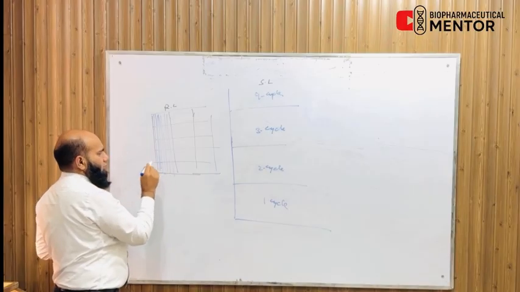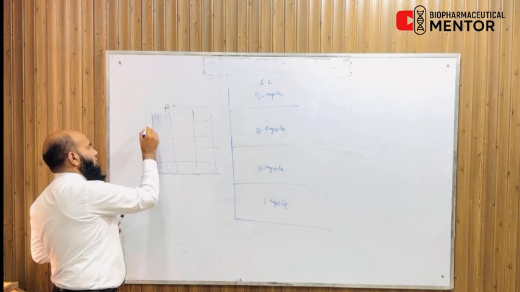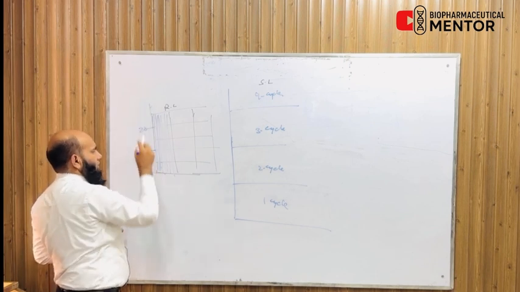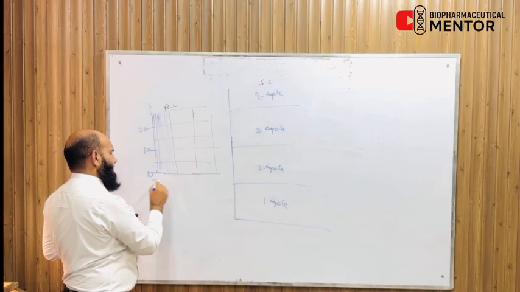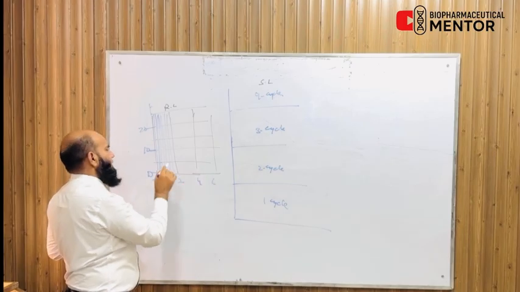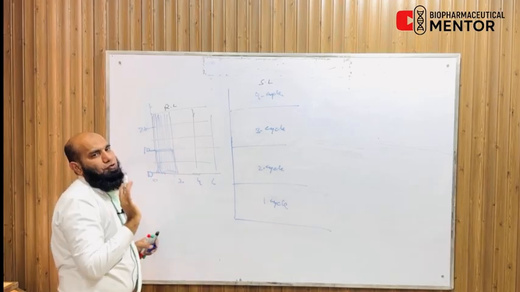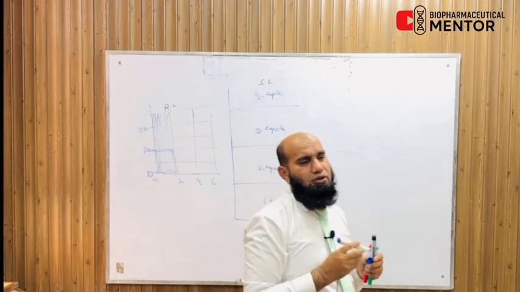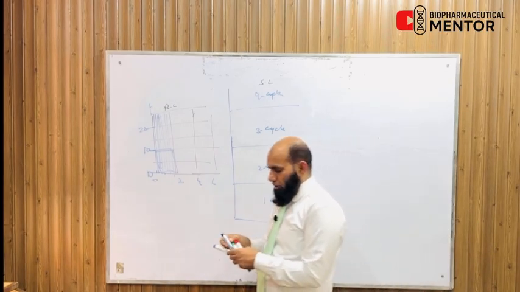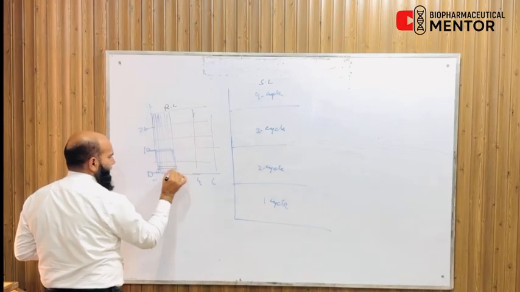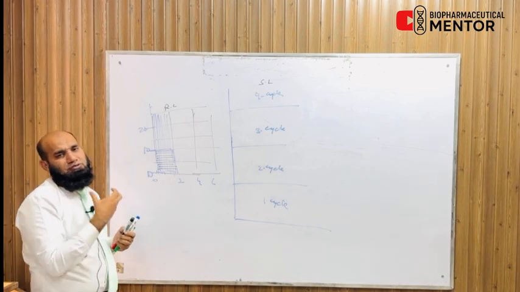We can observe, for example, here is 0, here is 10, here is 20, and similarly 0, 2, 4, and 6. The size of the box is uniform, the same, and the number of boxes on the x-axis and y-axis is equal to 10. Same size of the boxes.